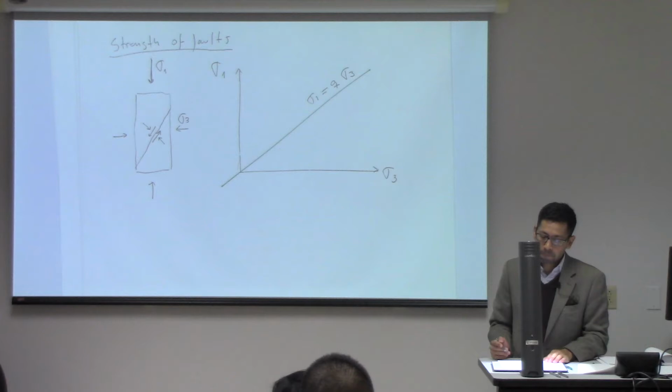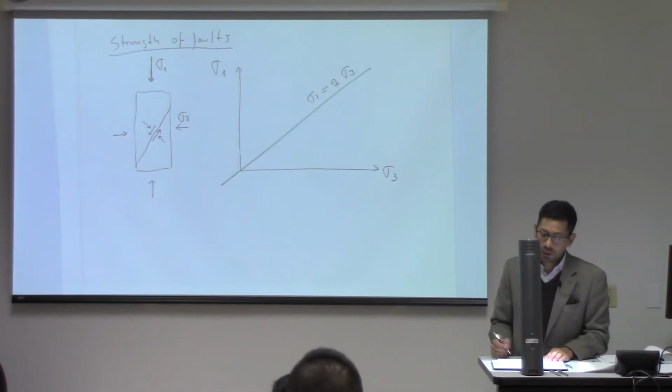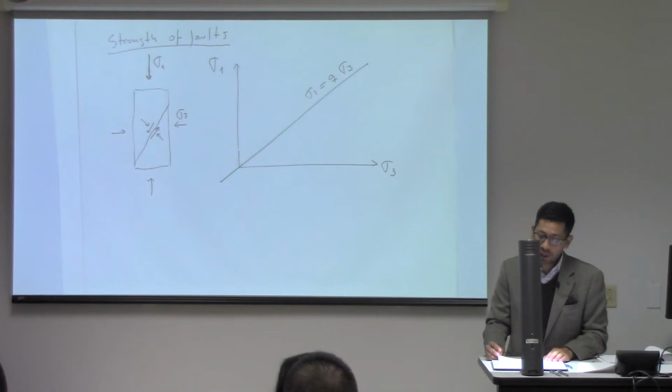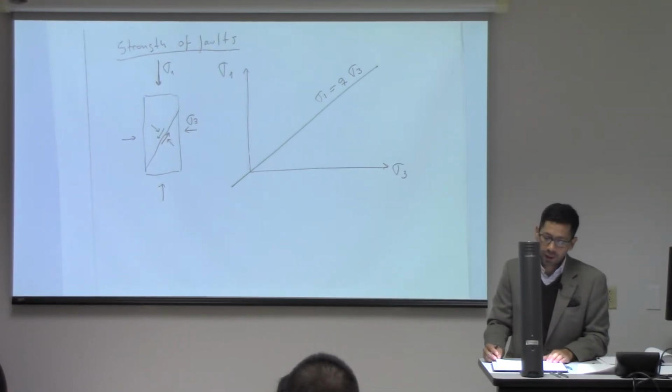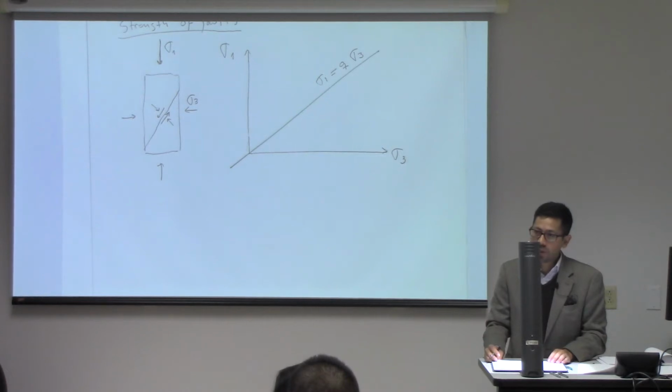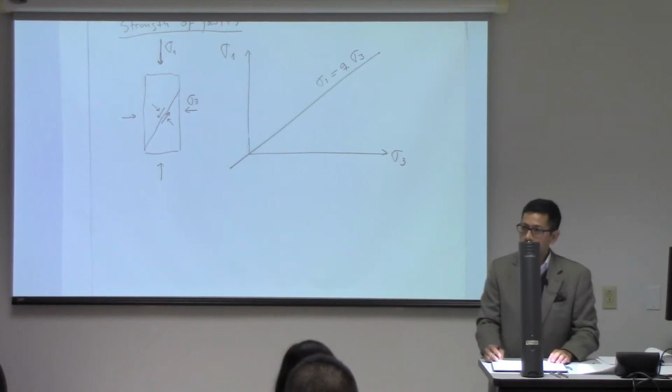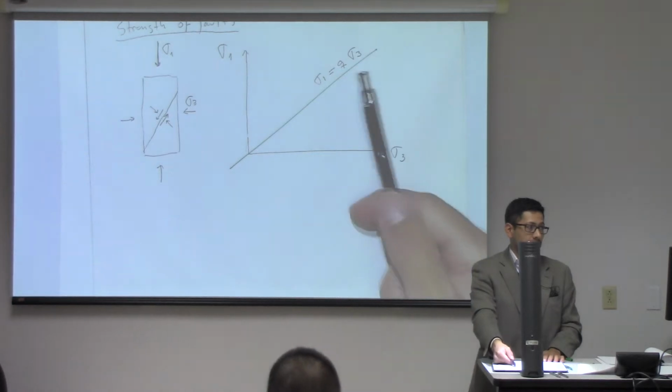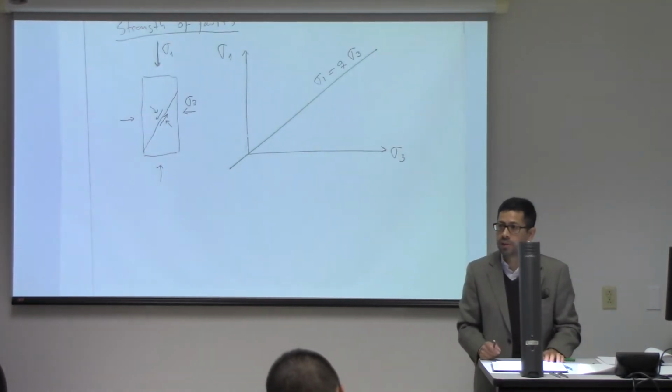So as a conclusion, at the large scale on the Earth's shallow crust, the strength of the surface is just going to be dictated by that law. As simple as that.